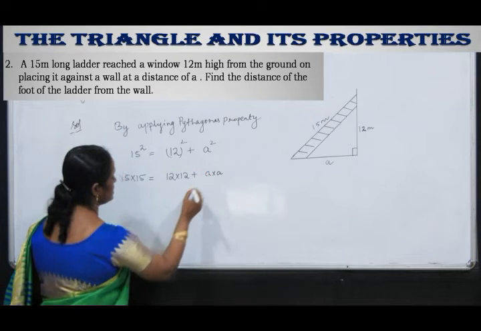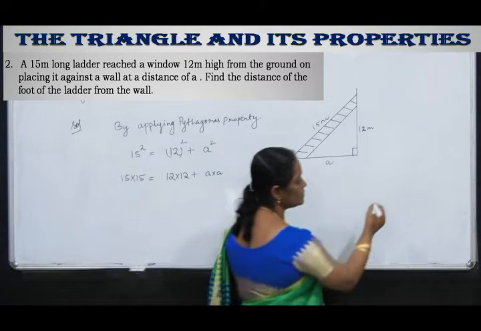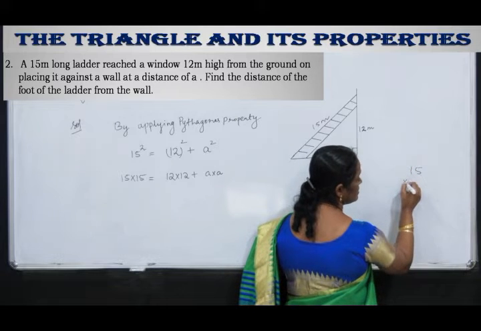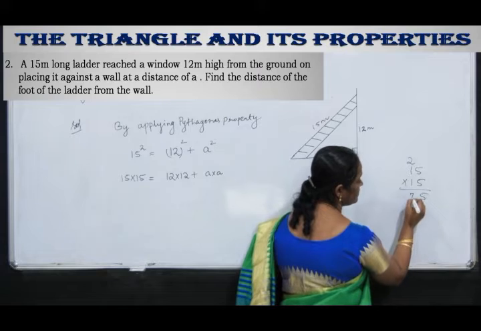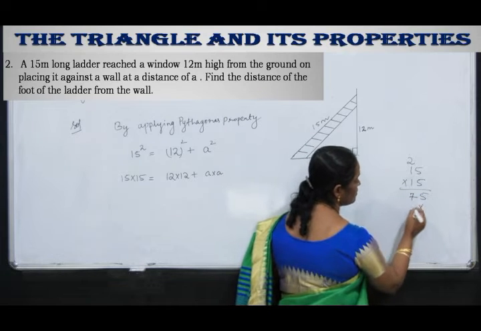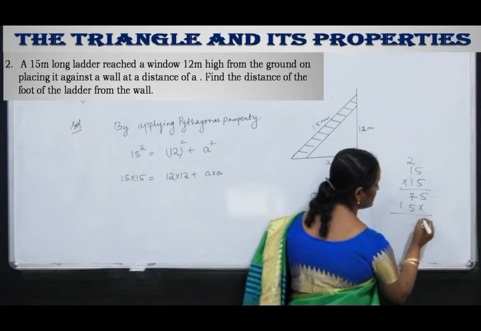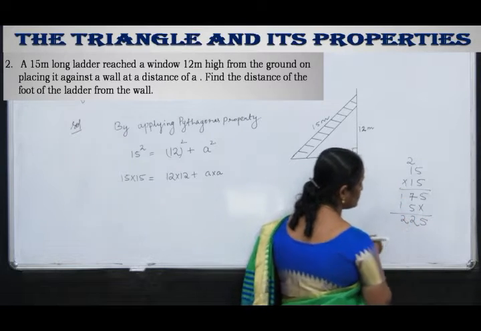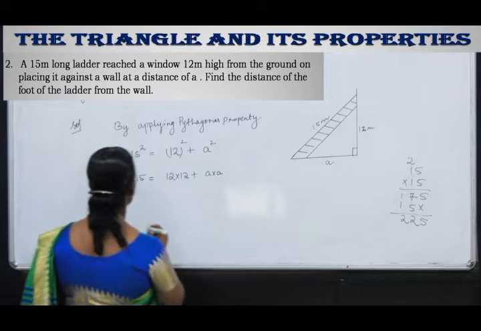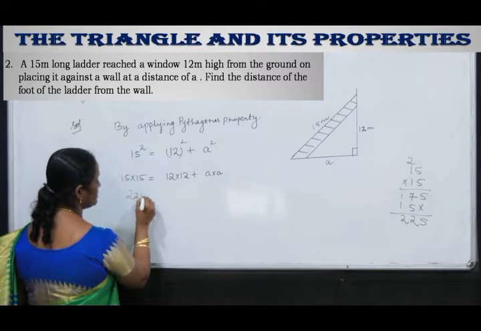So first, 15 into 15: 5 5s are 25, 2 carried; 5 ones are 5, 5 plus 2 is 7; 1 5 is 5, 1 one is 1, 7 plus 5 is 12, 1 plus 1 is 2. So 15 into 15 is 225.